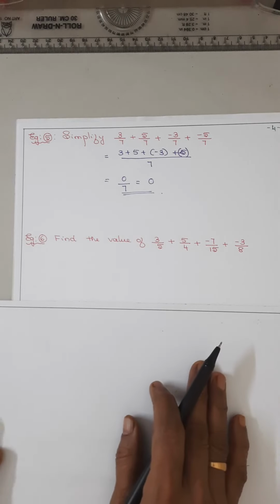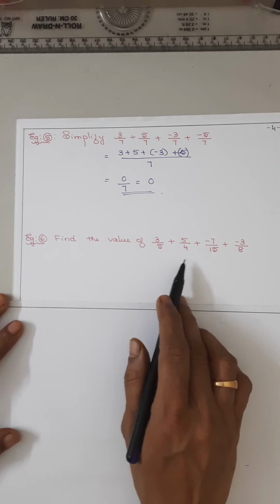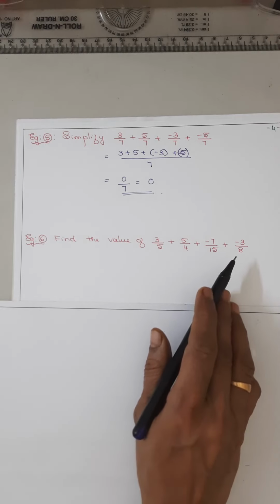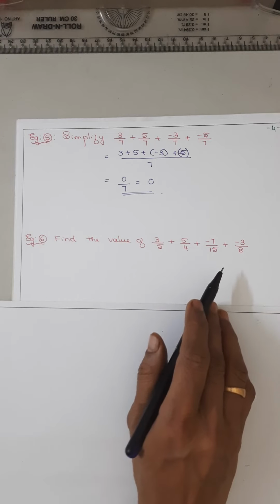Now find the value of 3 by 5 plus 5 by 4 minus 7 by 15 minus 3 by 8.